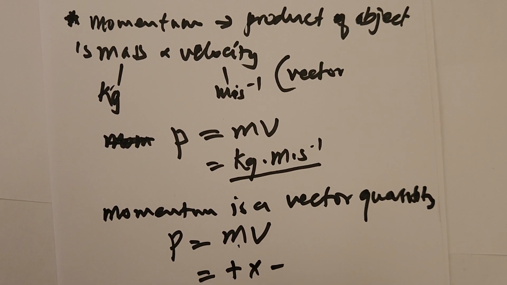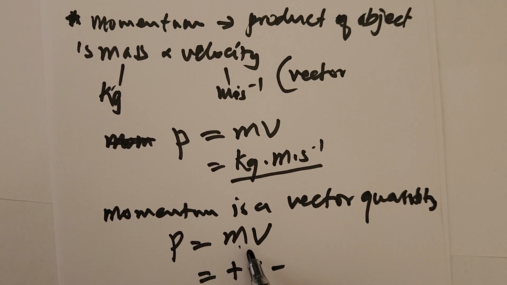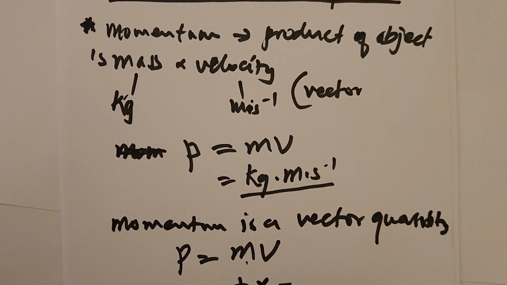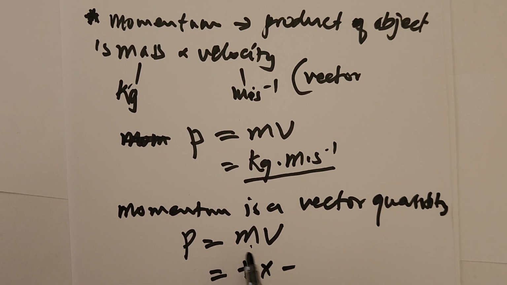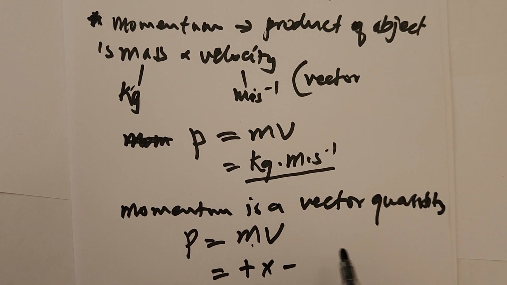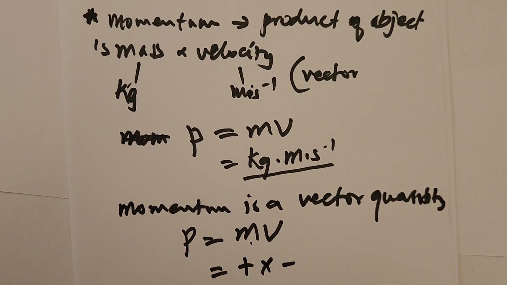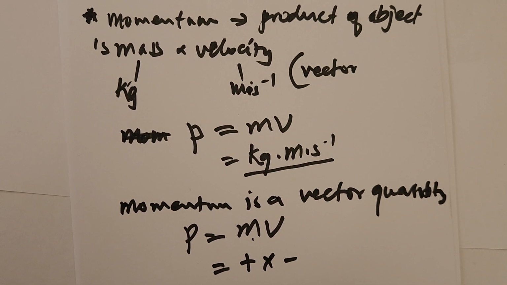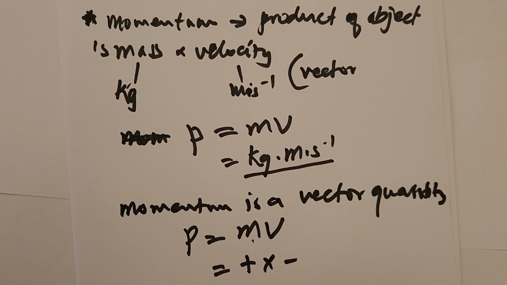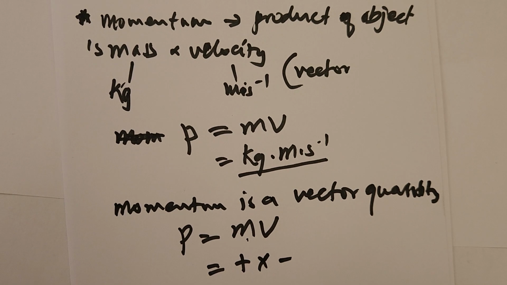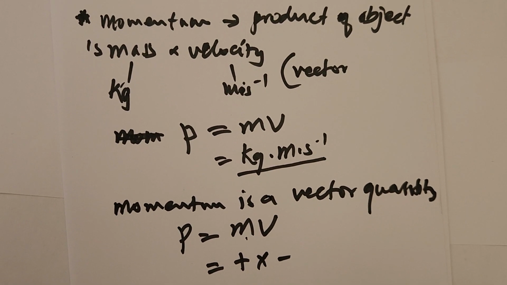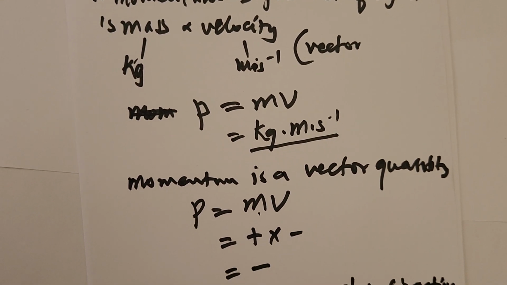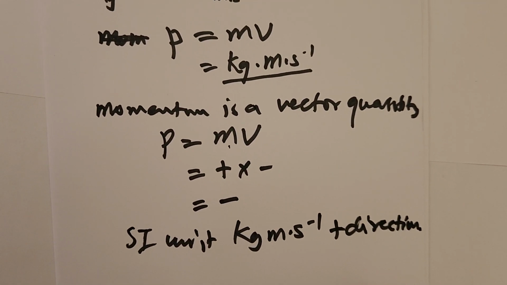That's why momentum is a vector, because of the velocity. So every time you calculate momentum, know that the final unit will be kilogram meters per second plus the direction. Very important, direction. You must state the direction. Even if you are not requested, it is safe to have direction all the time.